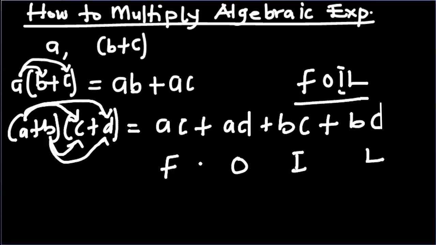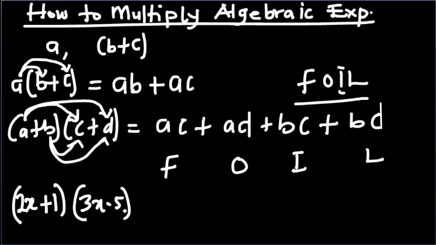Okay, so let's take an example to illustrate this idea. Example 1, if we have 2x plus 1 multiplied by 3x minus 5. Okay, we have the first terms multiplied by each other, so 2x multiplied by 3x gives us 6x squared.